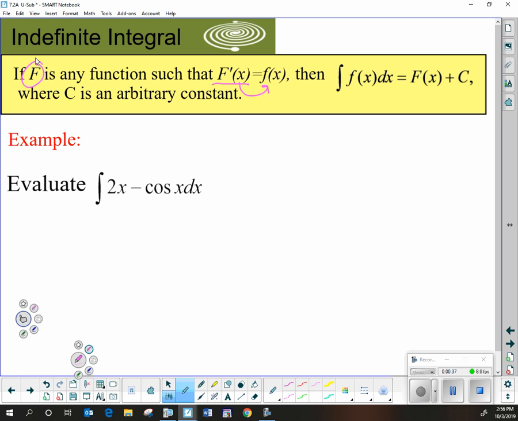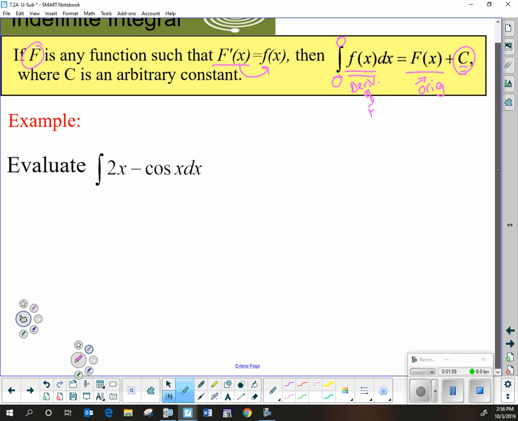Then if I say I want to take the antiderivative of little f, it'll come out to give me the original function big F. Because remember that this really was the derivative of big F. So if I take the antiderivative of the derivative, it's going to give me the original function. And then don't forget, if it's an indefinite integral, meaning there are no bounds declared, then we add the plus c to account for any constant that could have been present in the original problem.